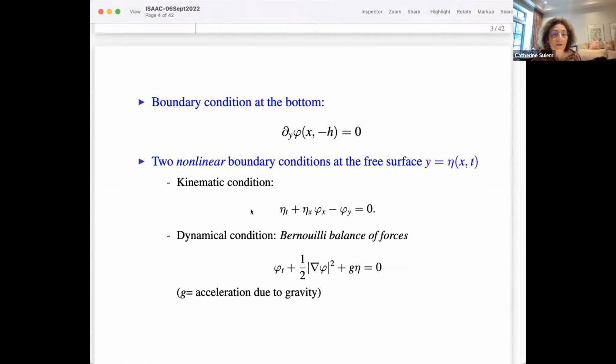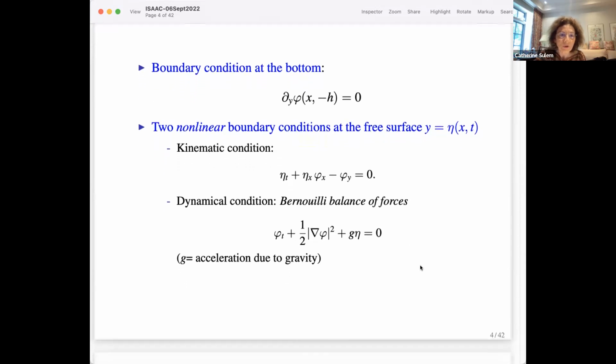The kinematic is essentially that the normal component of the velocity of the surface wave is equal to the normal component of the velocity of the particles at the surface. And the dynamic condition expresses the continuity of the pressure.